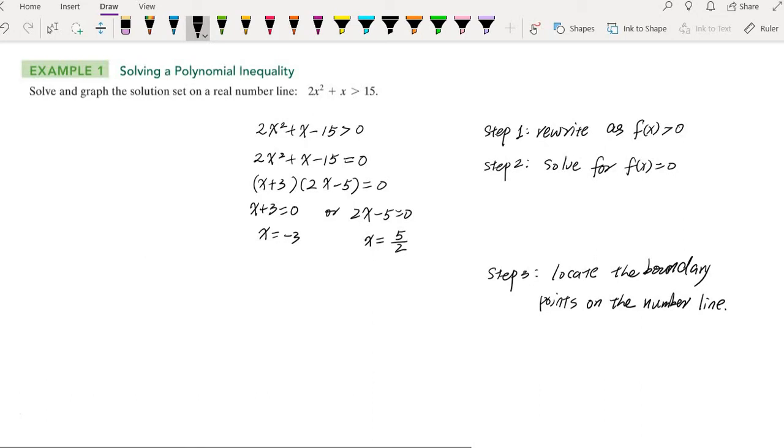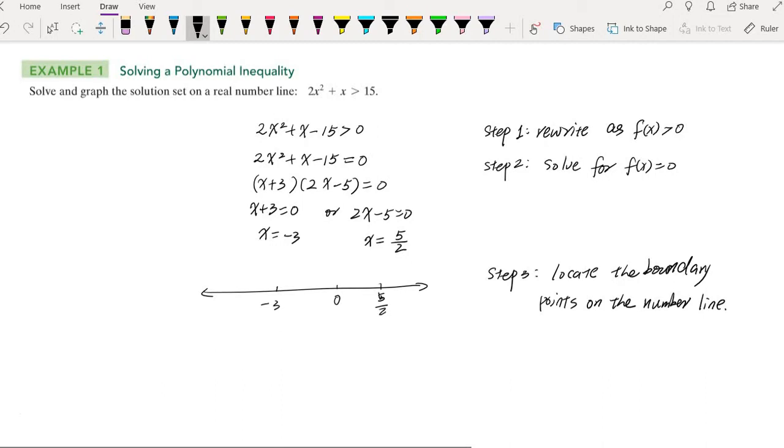Step 3, we locate the boundary points on the number line. Negative 3 and 5 over 2 are the boundary points. Let's go ahead and draw a number line. We're going to have negative 3, and 5 over 2 is just 2.5, so I'm going to say this is around 0, then this is my 5 over 2.